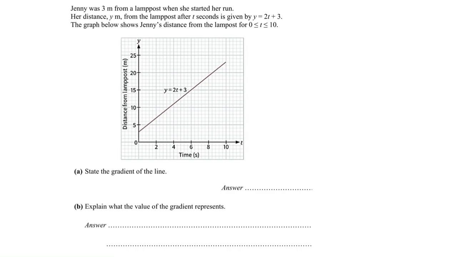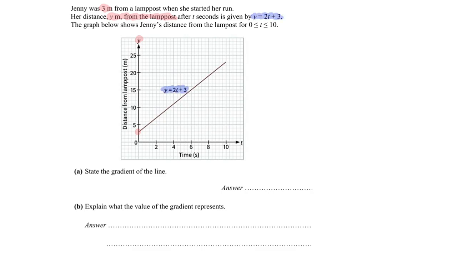Welcome to this problem where we have Jenny 3 meters from the lamp post when she started running. So if you see this 3 meters, where is it? It actually coincides with this point here on the graph, as this y measures the distance from the lamp post after t seconds, and we are given the equation.